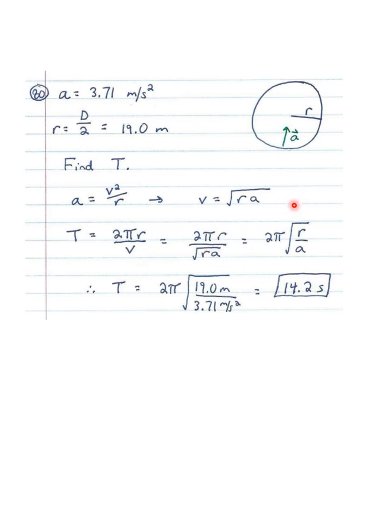Now, in the line above, I already solved for that v is square root of ra, so let's make that substitution. The period then is 2 pi r over square root of ra. We'll clean that up a bit. 2 pi, and then it's times the square root of r over a. We can then plug in those values, and we get 14.2 seconds.